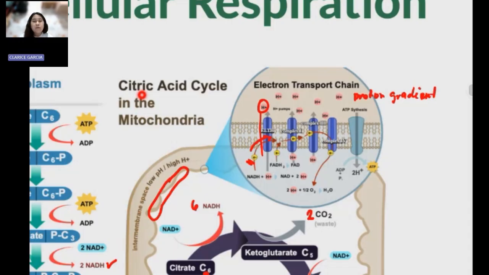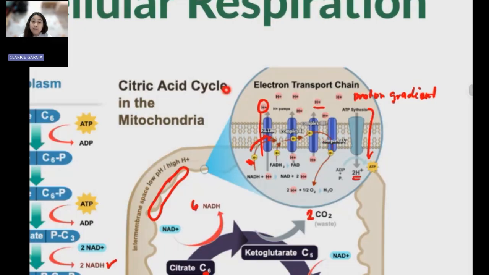Remember osmosis, right? From high to low concentration, that's the movement of water. Here we're looking at the movement of hydrogen ions or proton ions. These protons need to flow back into the matrix. How? Remember, high to low concentration gradient. If we have a high concentration of hydrogen ions in the intermembrane space, this will trigger ATP synthase to create ATP. It requires two hydrogen ions.